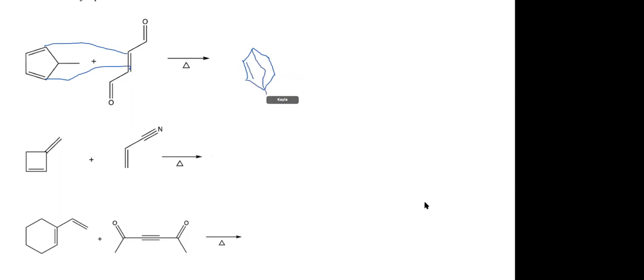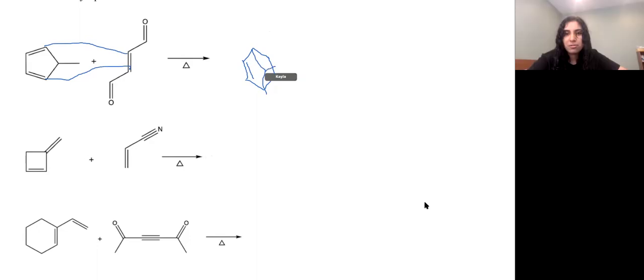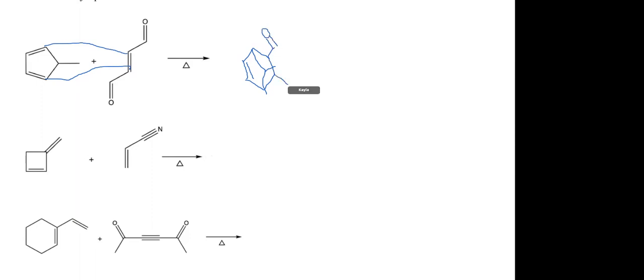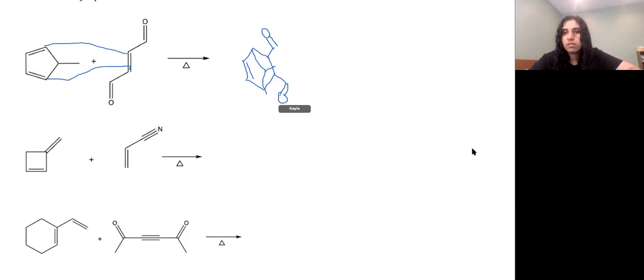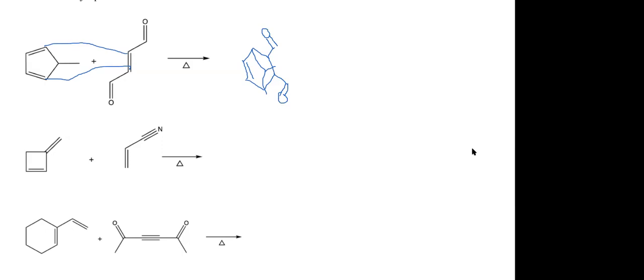This is really bad. No, that's actually pretty good for a mouse drawing. The only part that I get stuck on is the stereochemistry of it, like whether it's up or down. Okay, that's what I got.